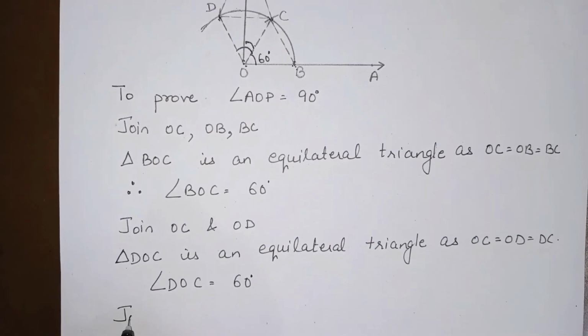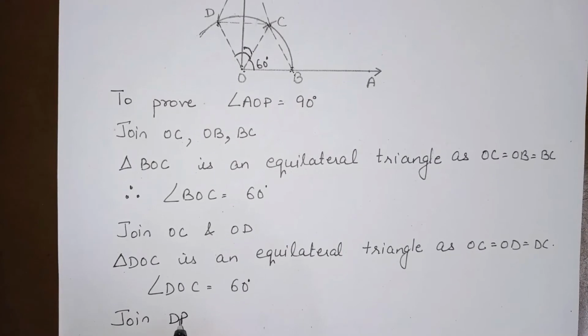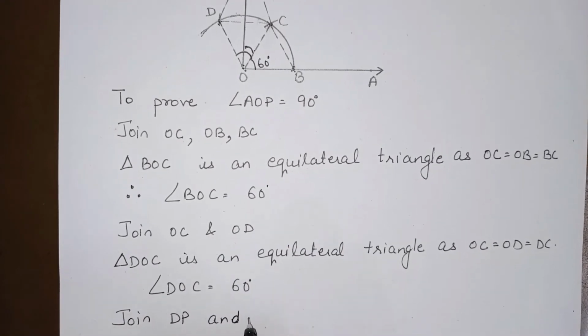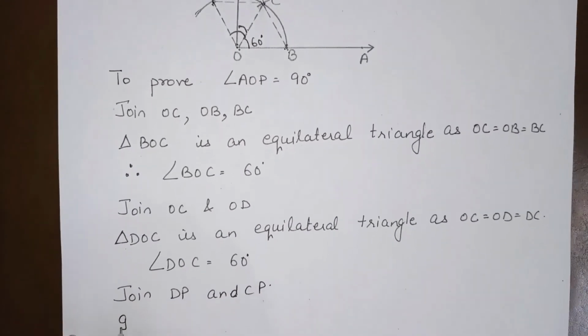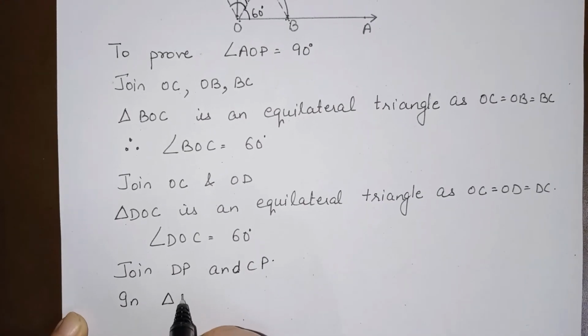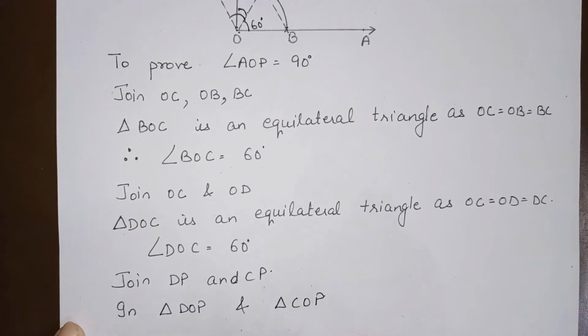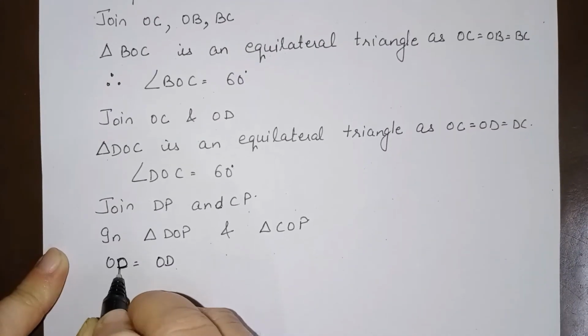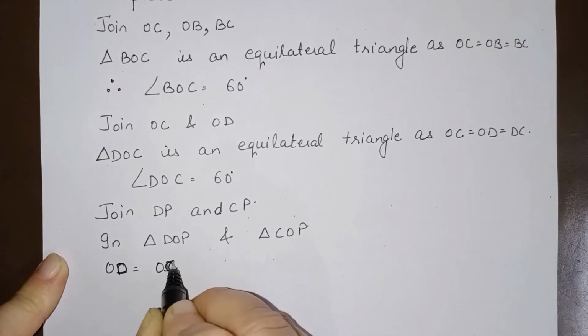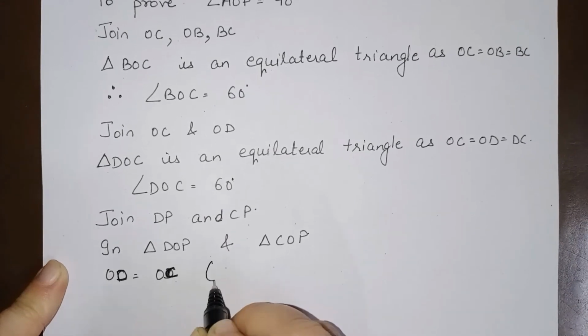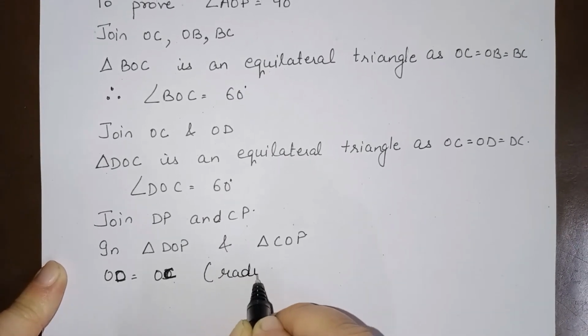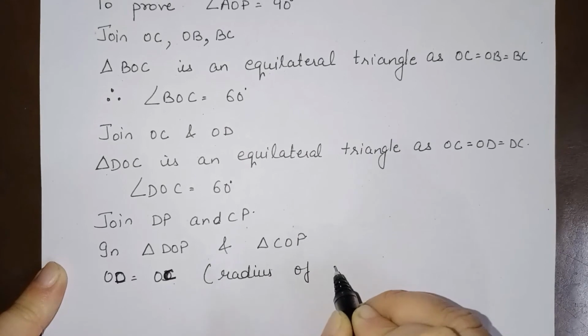Now we will join DP and CP. Now in triangle DOP and triangle COP, OD is equal to OC. They are radius of same arc.